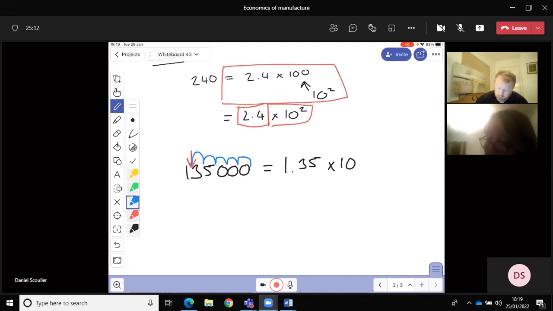Currently the decimal point lives right at the end of that number. When we're writing out a whole number, that whole number could essentially be written with a decimal and zeros after it, but there's nothing after that decimal, so we don't show it. But there is a decimal at the end of that. So we've moved that decimal 5 places, so that's 1.35 times 10 to the 5.